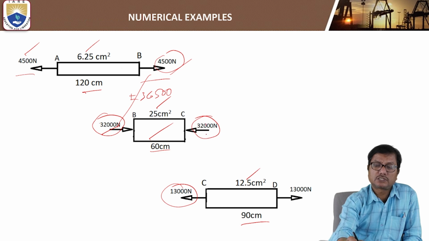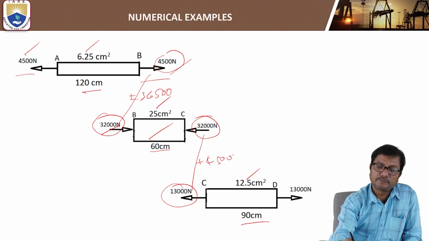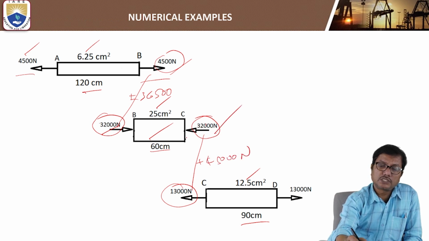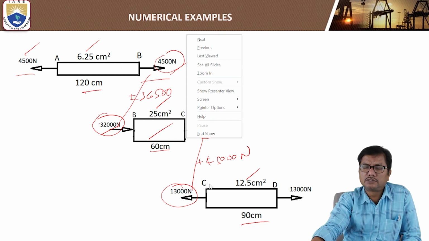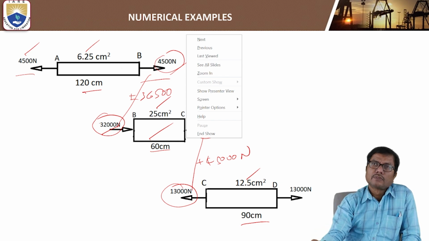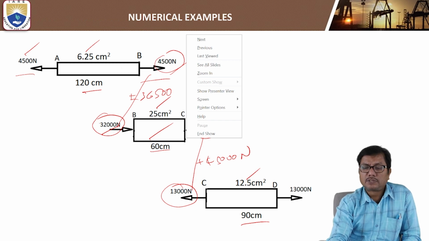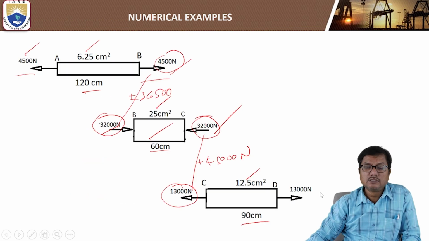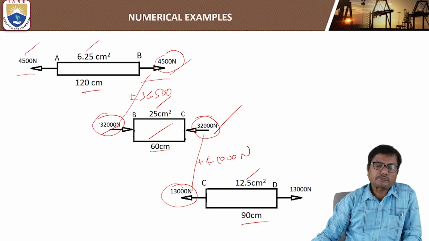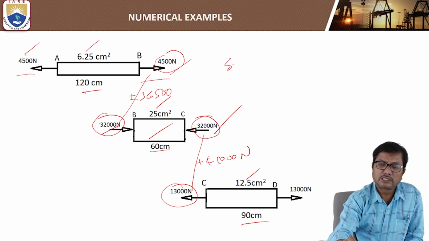The total force at C is 45,000, that is given, of which 32,000 is acting at C for BC. The remaining 13,000 will be taken by CD. So the member CD is subjected to a tensile force of 13,000 newtons.